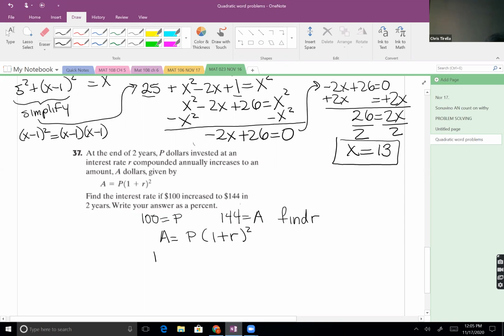So we know that 144 is equal to 100 times (1 plus R) squared.